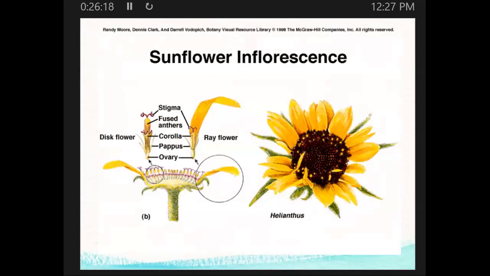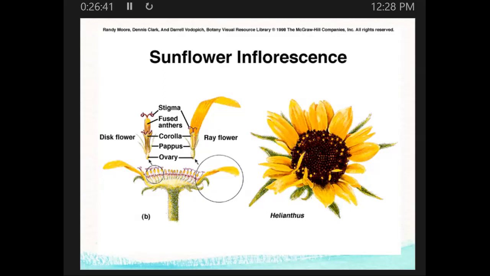So the flower is being dissected in the left image. You can see the ray flower, in this case sunflower, the female, has the single style and ovary, and then the petal. And then they're also showing disc flowers.